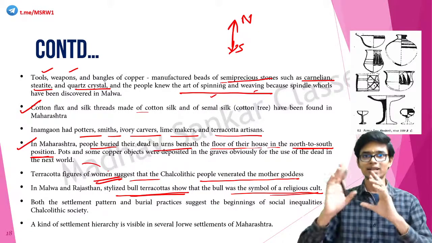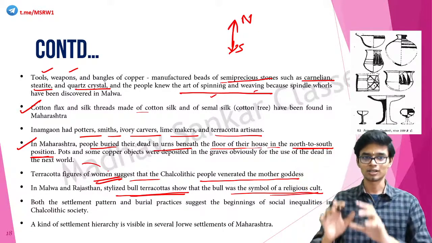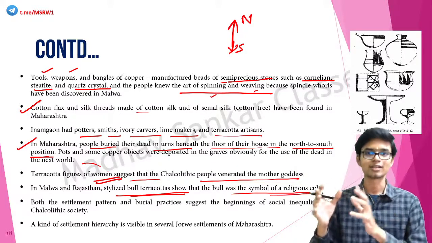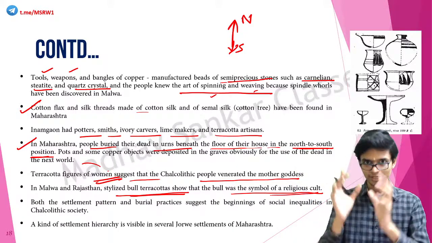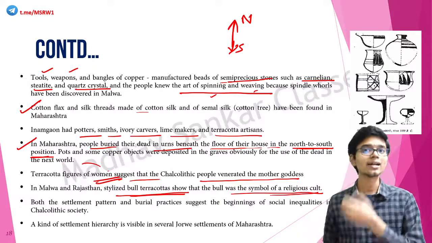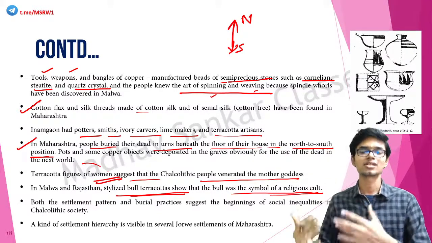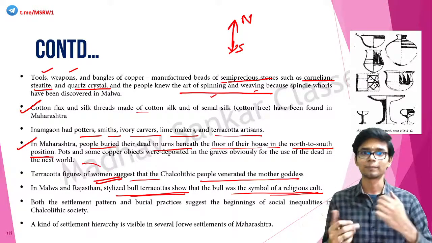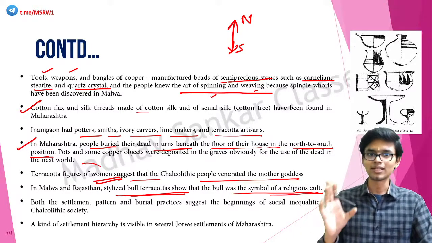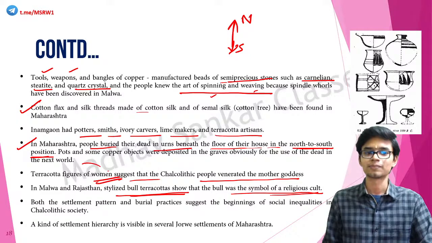A very typical stylized bull figure is seen in Rajasthan and the Malwa region, the central Indian region. So historians believe that the bull was also a religious animal at that time.